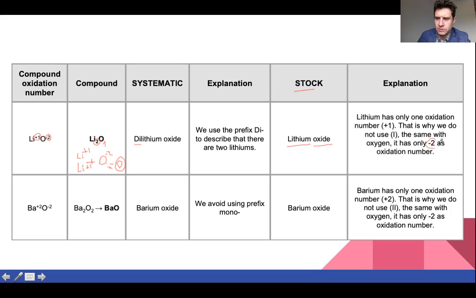They only have 1, so we don't need to write it down. Okay, this is the most difficult name, because we need to remember that lithium has oxidation number +1 and oxygen -2. So to write the correct compound, we need to remember that the lithium has +1 and the oxide -2.